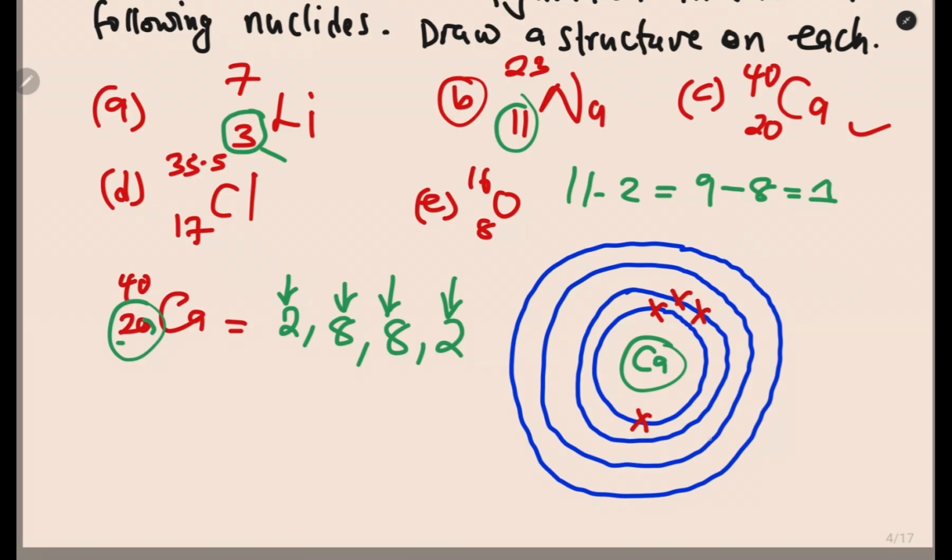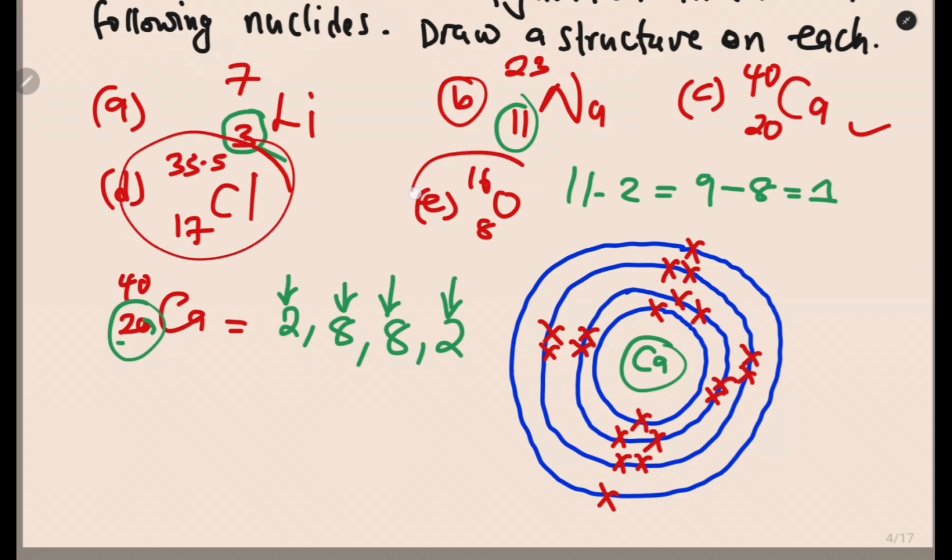In the second one I'll put 8, like that. You see why I said the space should be enough, so that you don't put them close together. In the third one as well, I'm going to put 8 electrons. Then outside I'm going to put 2. So this is the structure of calcium. Can you go for chlorine and also oxygen? Make sure that you draw the structure.